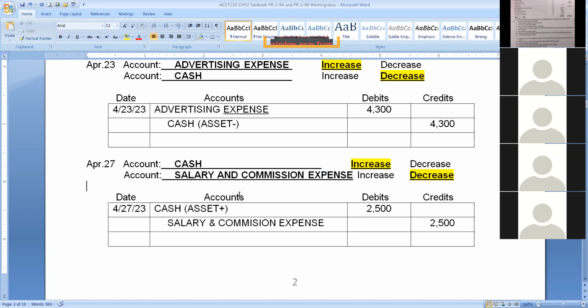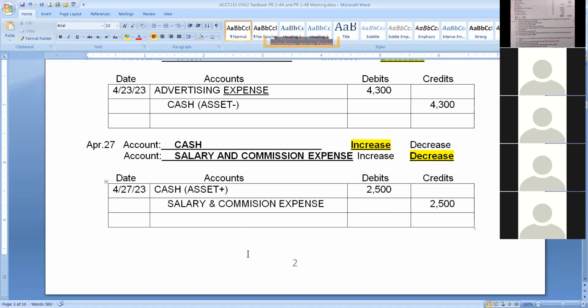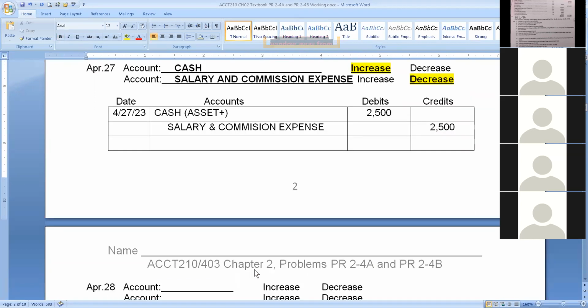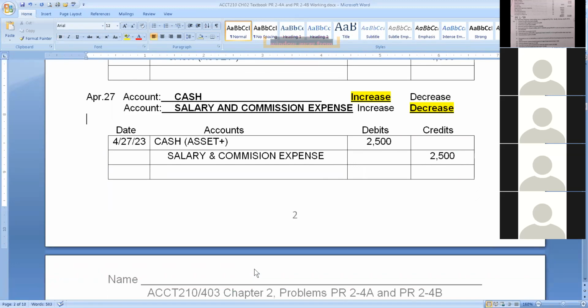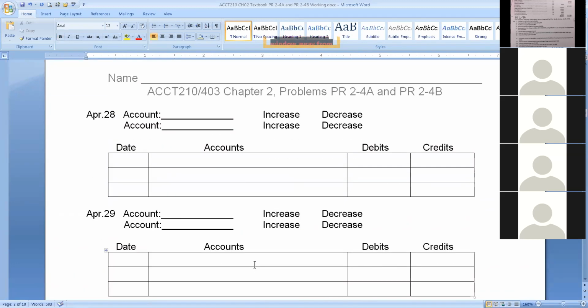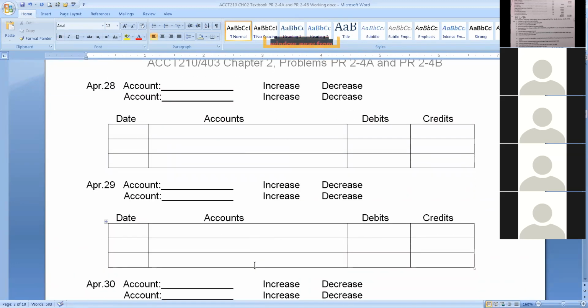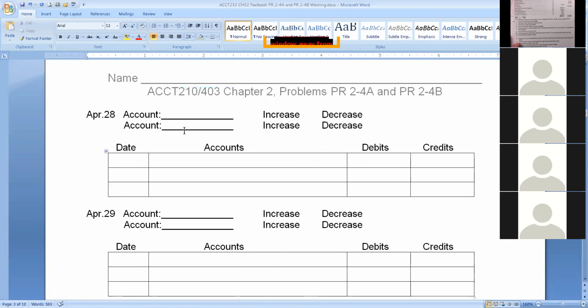Error correction is one of the more difficult things to do. Okay, so 28. Paid automobile expense.